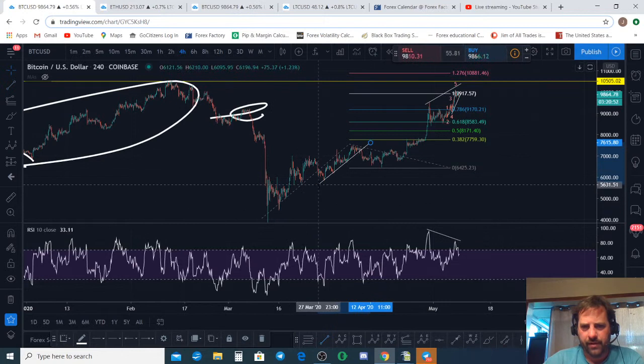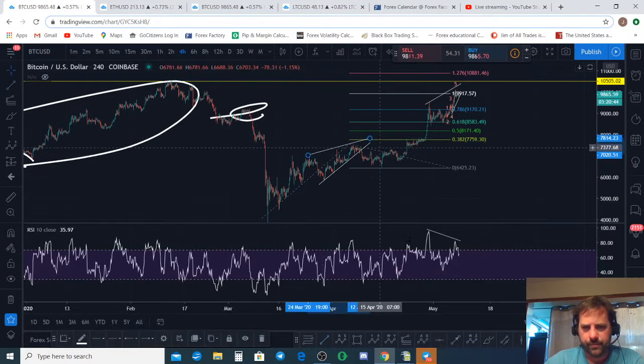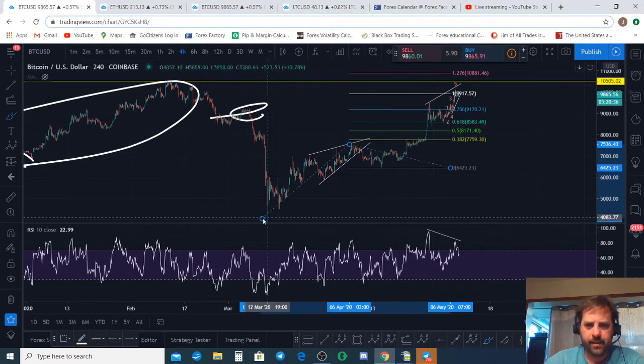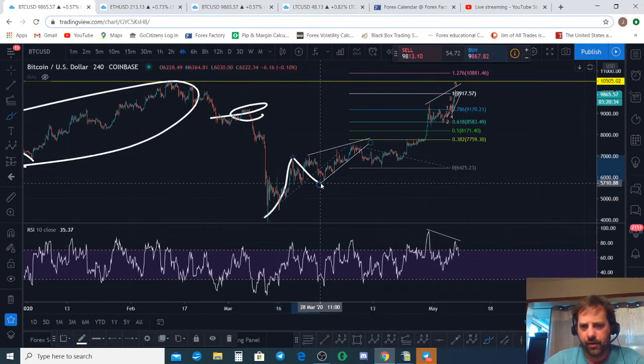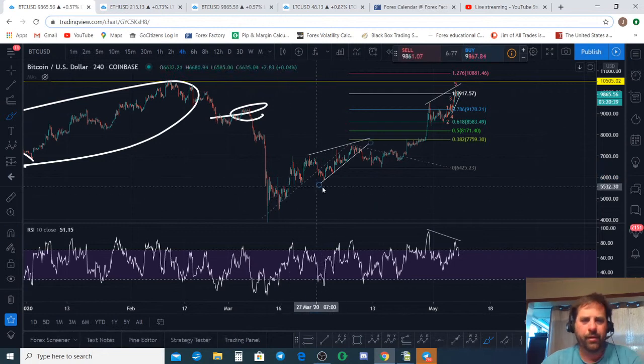One way to do it is that this just has an ending diagonal right here for a 3-wave move. And I've talked about this count before. Here's a 3-wave move, 3-wave move. Can't be a 3-wave move. Dang on it.